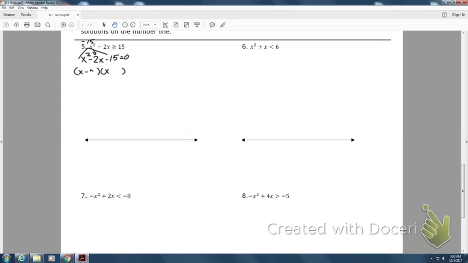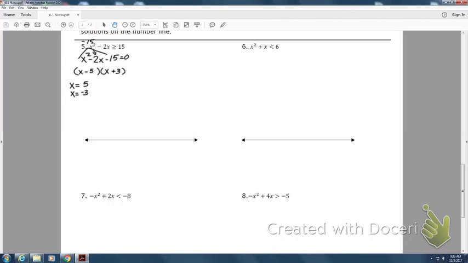Yep, negative 5 and 3. Okay, so what two values are those two factors going to give me? Taryn? 5 and negative 3. 5 and negative 3.